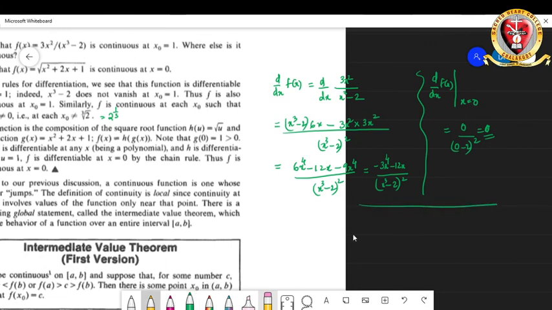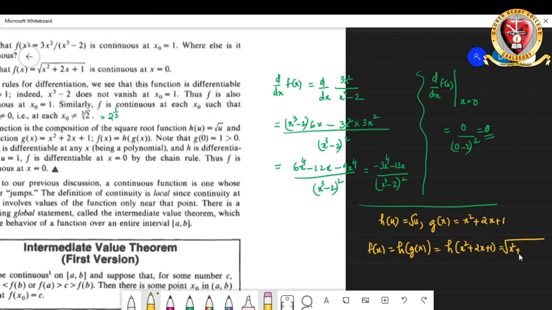For a better picture, we have selected h of u to be equal to root u, and also g of x to be equal to x squared plus 2x plus 1. And then you are saying that f of x is nothing but h of g of x, which is true, because that will be h of x square plus 2x plus 1, which is nothing but square root of x square plus 2x plus 1.